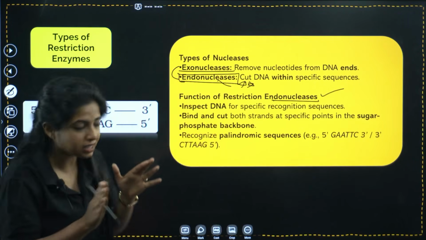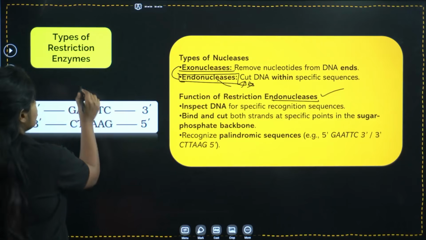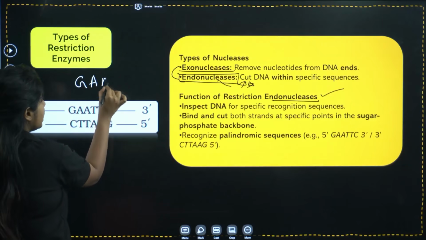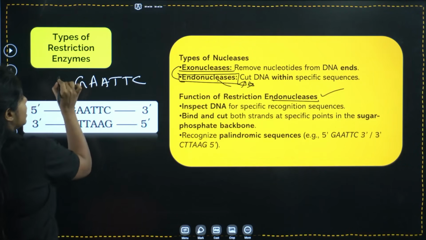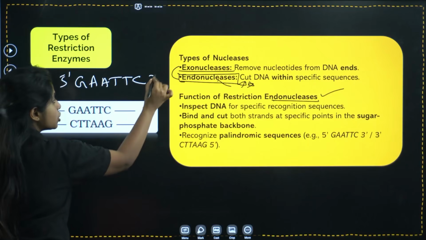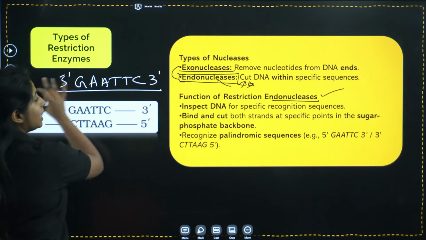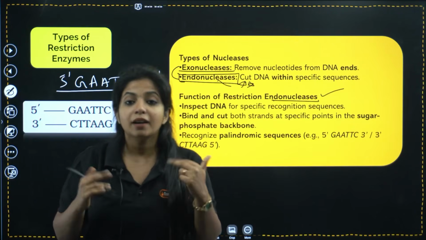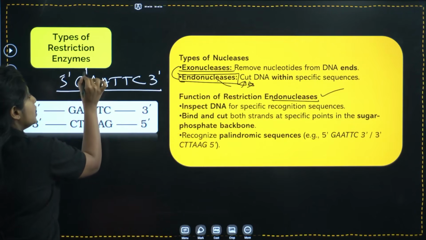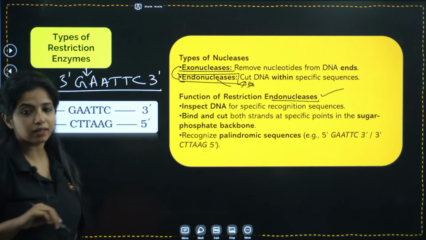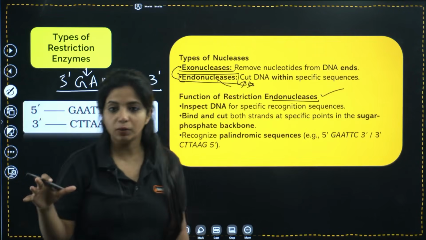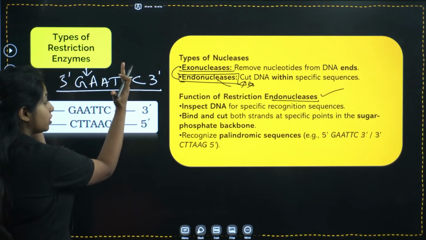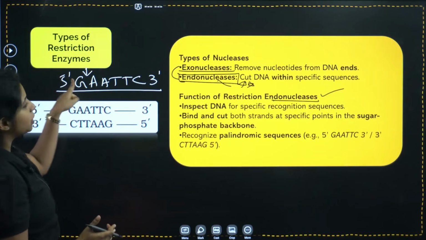EcoR1 has a specific site, and you call the site GAA-TTC, in the 5' to 3' direction. If there is a site like this, it will go and make a cut out there. It makes a cut between G and A. That is how it works. So this is the restriction site or the recognition site, and it makes a cut between G and A.